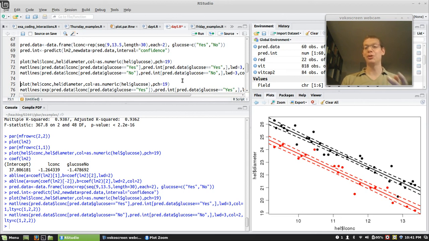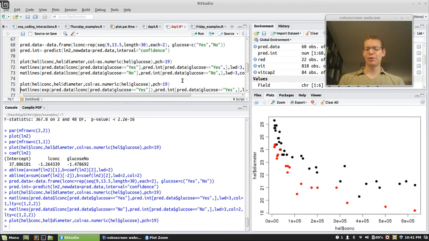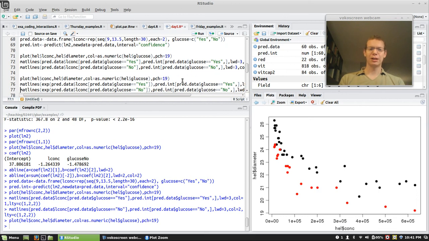Typically, when you're communicating with your original people where you got the data from, they like their scale. So instead you might go back and plot the original data again with the color indicated by the level of glucose.